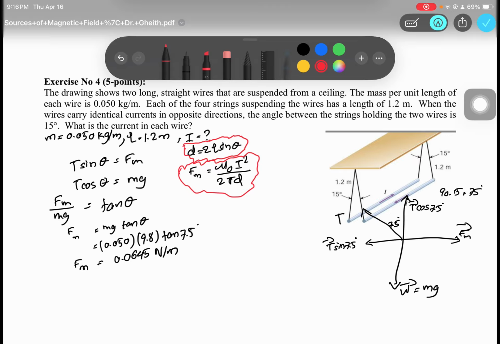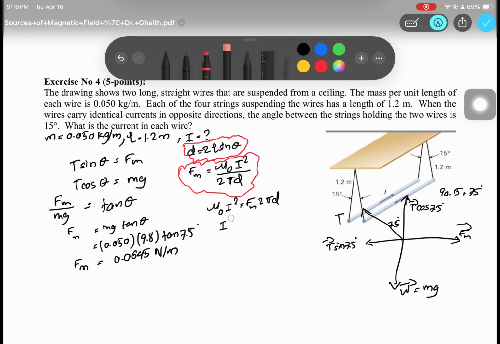You have to memorize them by yourself. So we need to find I. How do we find I? It's pretty simple. I squared is equal to Fm 2 pi d over mu naught.